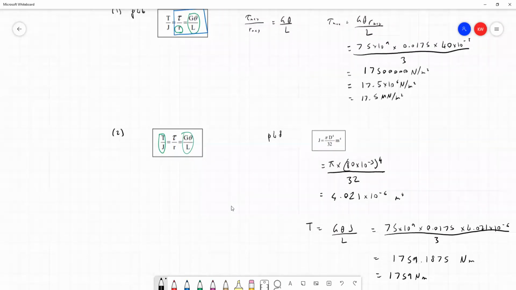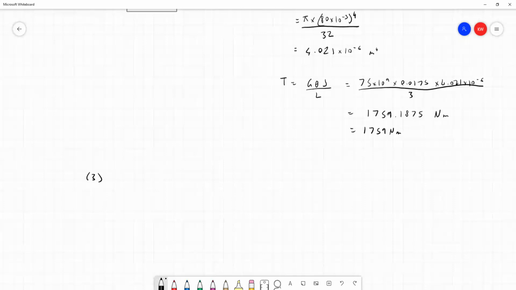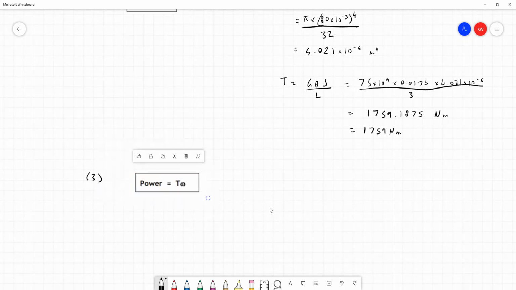And the last thing we're asked is to find the power transmitted. Now we're told about power again in the unit, and this is slightly earlier on, but we do come across it. And the formula for power is given on page 44 of the course notes. Power is equal to torque times angular velocity.